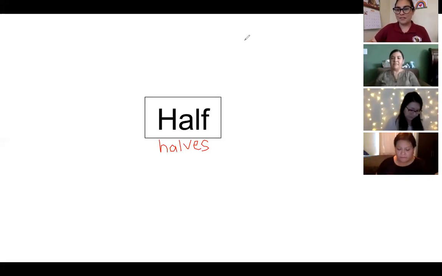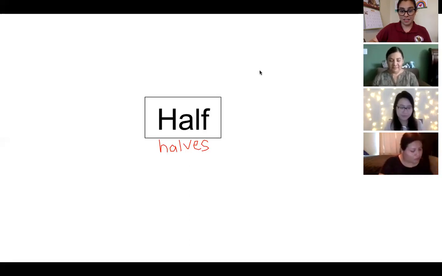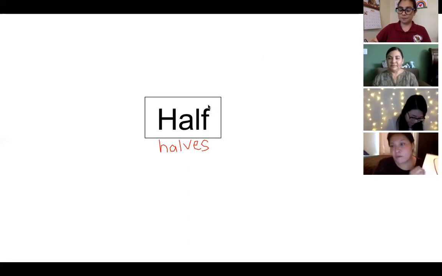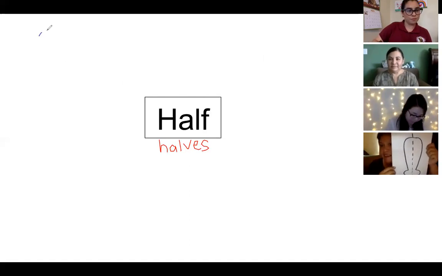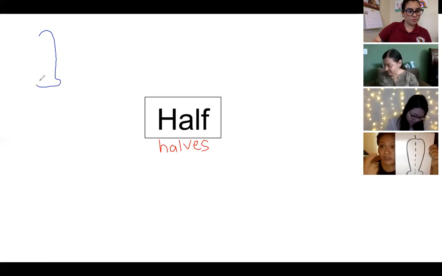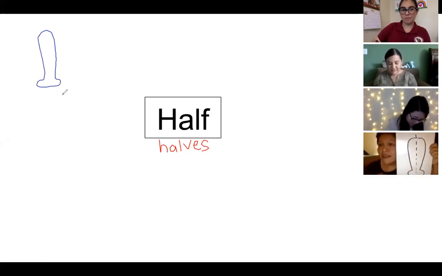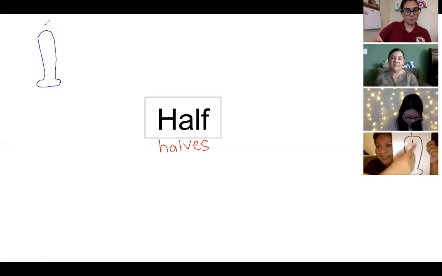Ms. Rosales, you are first. What is your visual representation of a half? So I'm going to stick to the idea of one whole item. One of my favorite sports is baseball, so I drew a baseball bat. And I had to remember that I have to create two equal parts to create two halves. And in order to do that, I have to have my line of symmetry.